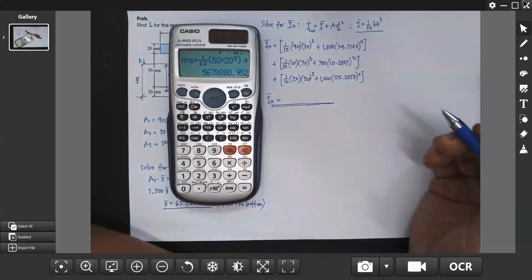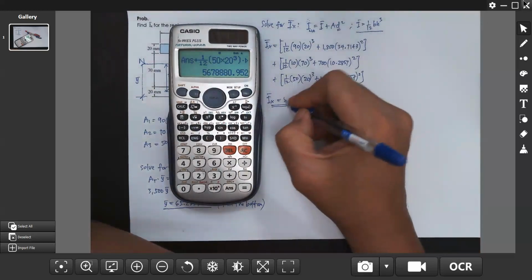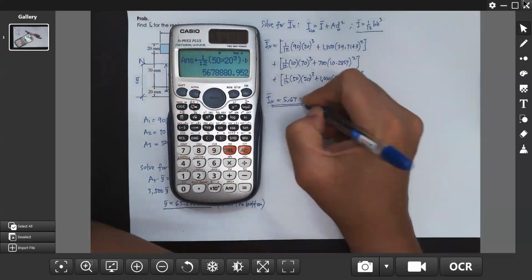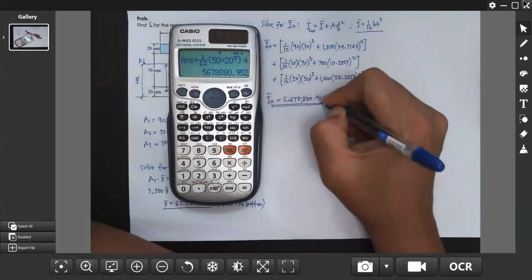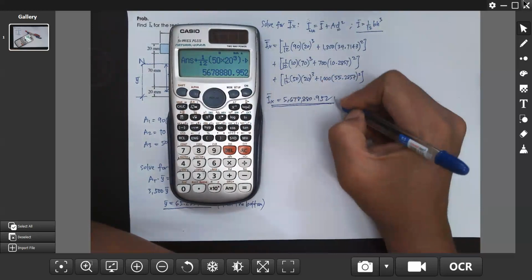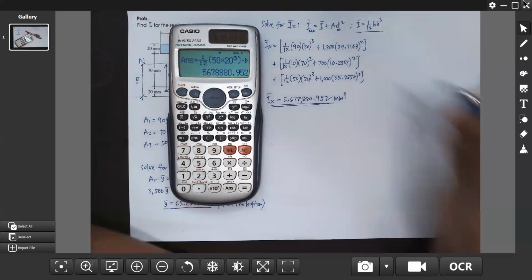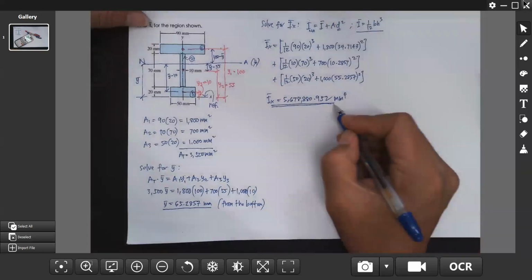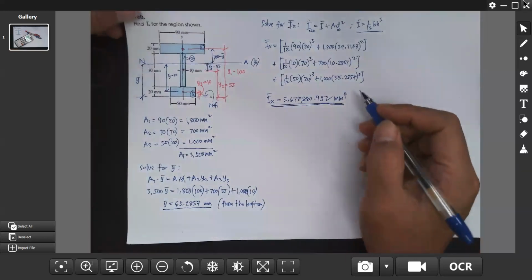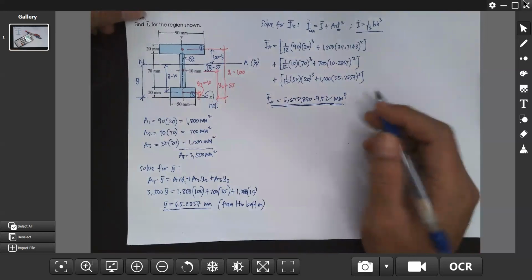The answer is 5,678,880.952 millimeters raised to 4. This is the answer using the conventional method.